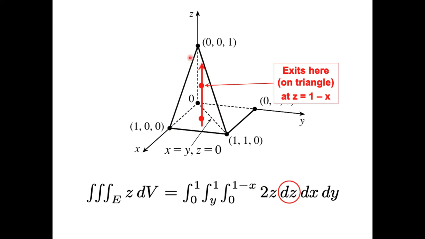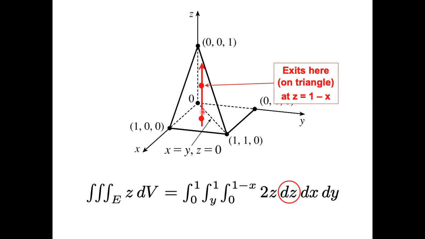Well, this triangle happens to be the plane z equals 1 minus x. And how did I know that? Well, it's on the previous page. On the previous page, you'll notice that one of the planes was in fact x plus z equals 1. If I were to subtract x on both sides, I'd get z equals 1 minus x, correct? So if you were to go back one slide, you would see that this is actually one of my planes that this solid's being bounded by.